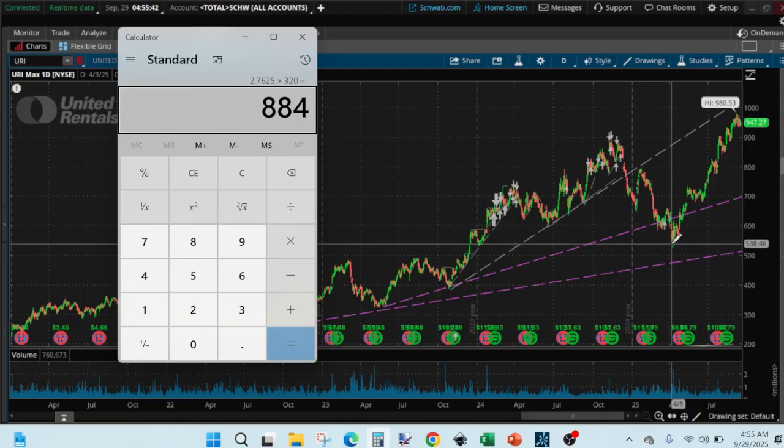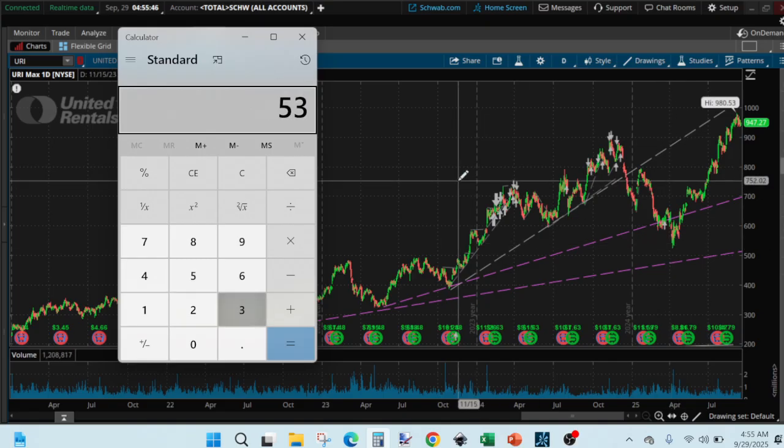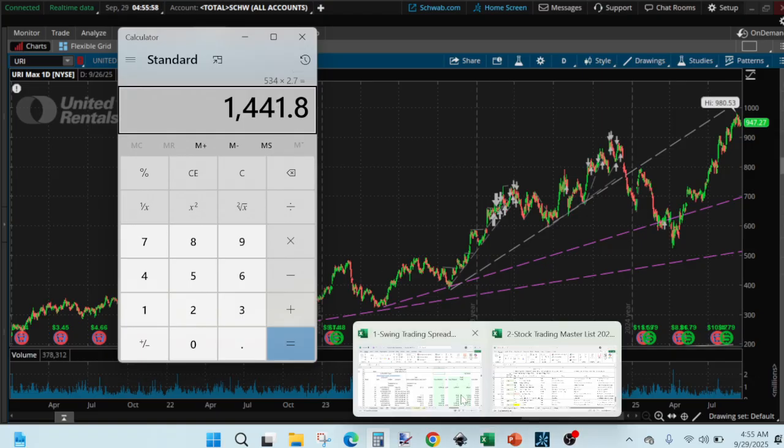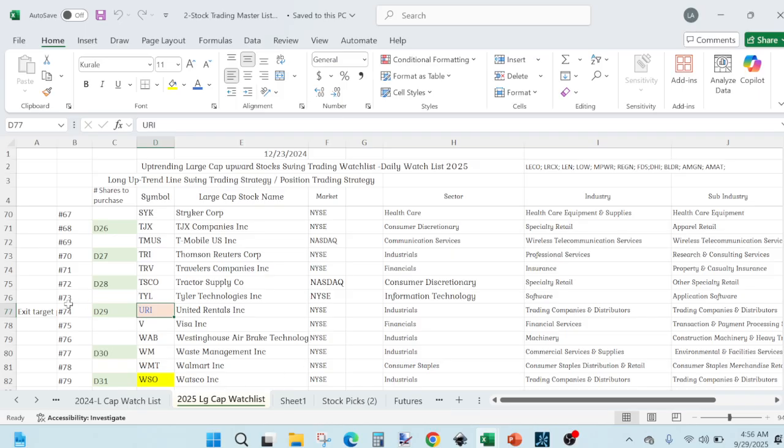I can use the lowest one, 534. So I can say 534 times 2.7 to be more conservative. When it reaches 1,441, then I could sell it. And then I can just make a note as the target price, 2.7 times 534, 1,441.